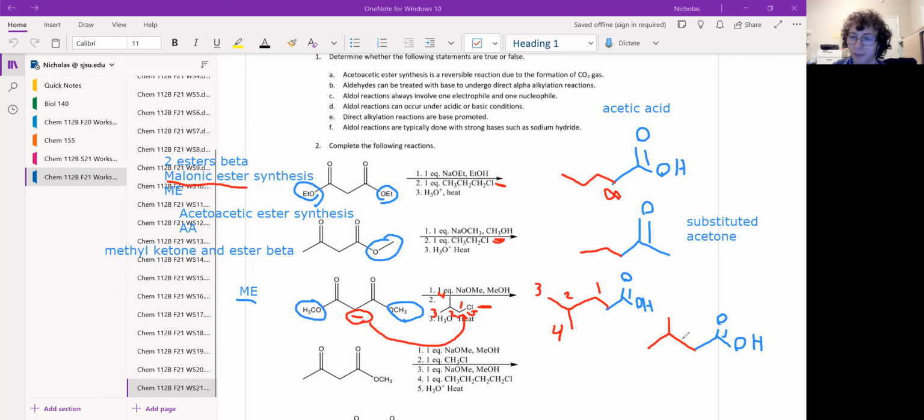But if you were on a test, you might not notice because it looks a bit similar to what we were adding. So again, just number the carbons or be very, very careful because it's easy to make mistakes. I made one and I had the answer key right in front of me.